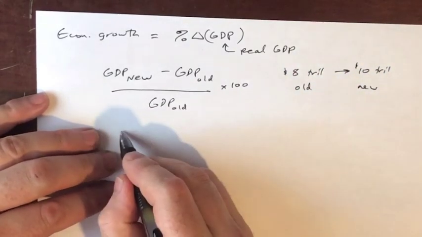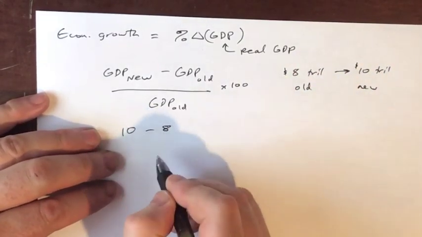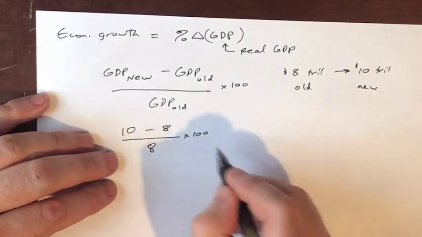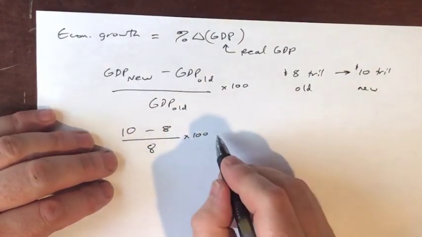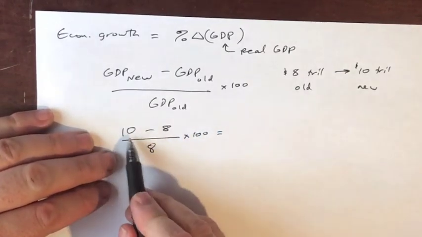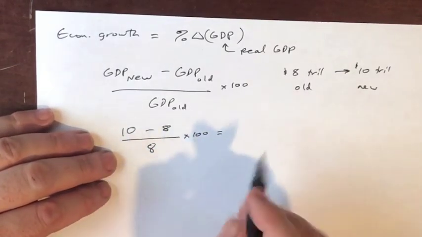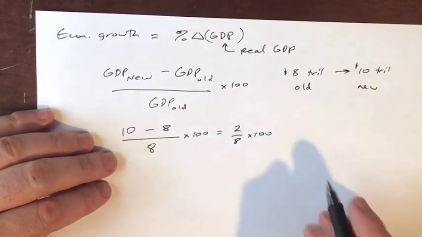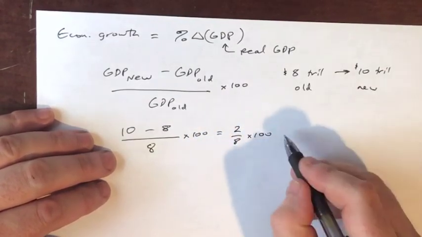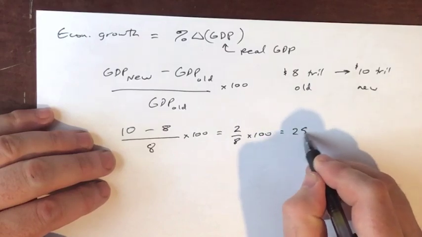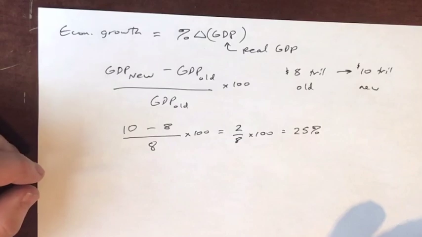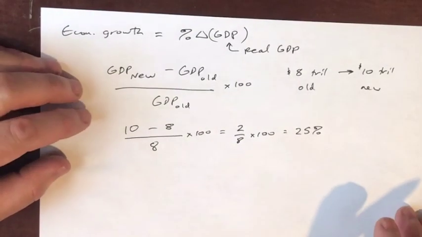So we're going to put in 10, subtract 8, divide by 8, and multiply that by 100. So 10 minus 8 gives us 2, divided by 8, times 100. 2 over 8 is 0.25. This would give us 25% economic growth. So that would be our economic growth rate.